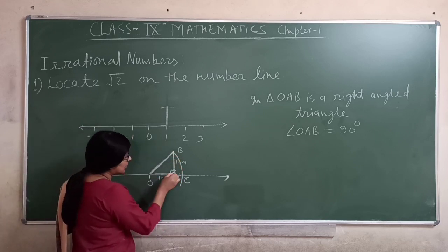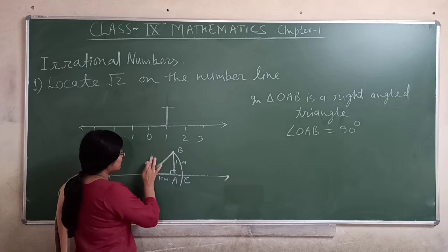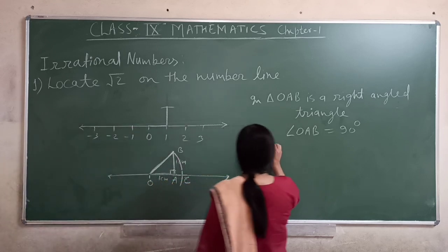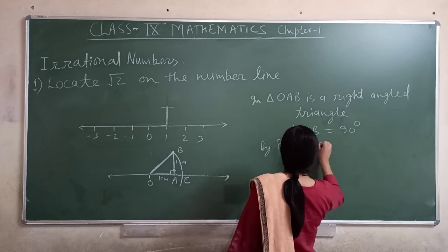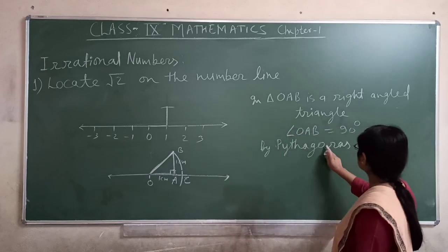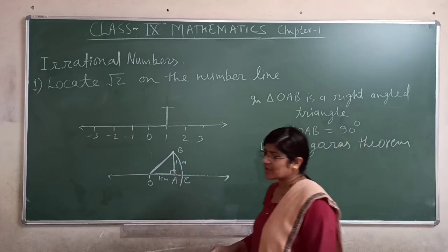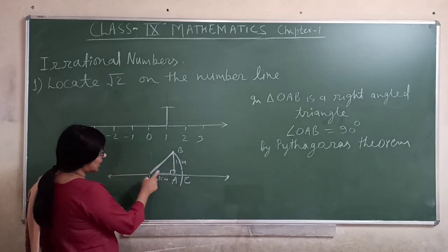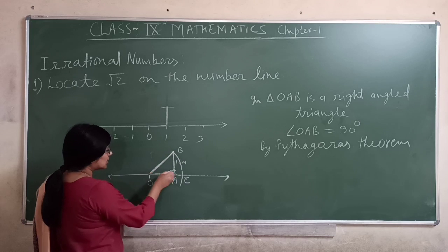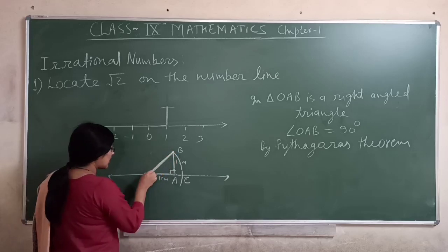The side opposite the 90 degree angle is called the hypotenuse. So OB is the hypotenuse.